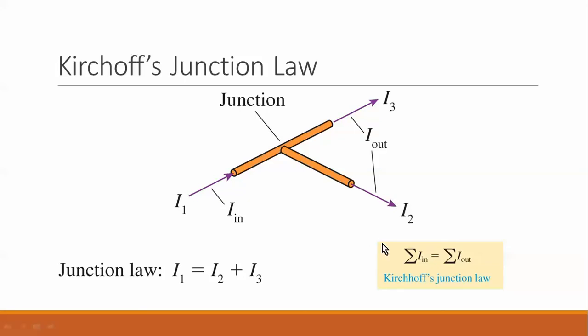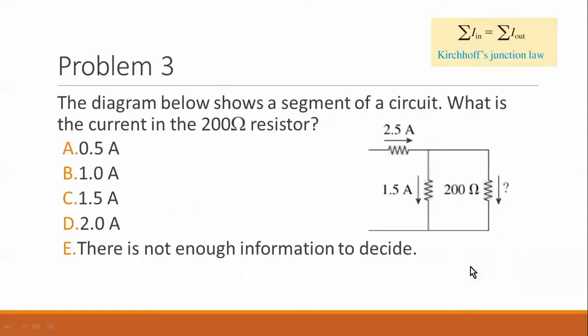So another way we write Kirchhoff's junction law is the sum of all the currents that go in equals the sum of all the current that comes out. So here's an example. We have part of a circuit where we have a current going across a resistor of 2.5 amps. And that is split into two sections. One has a current of 1.5 amps, and another, we don't know the current, but we know it goes through a 200 ohm resistor.